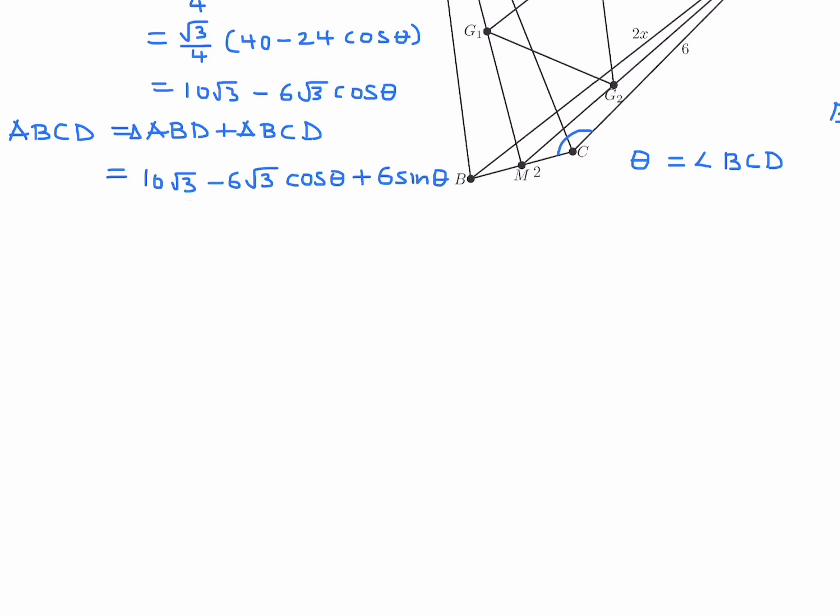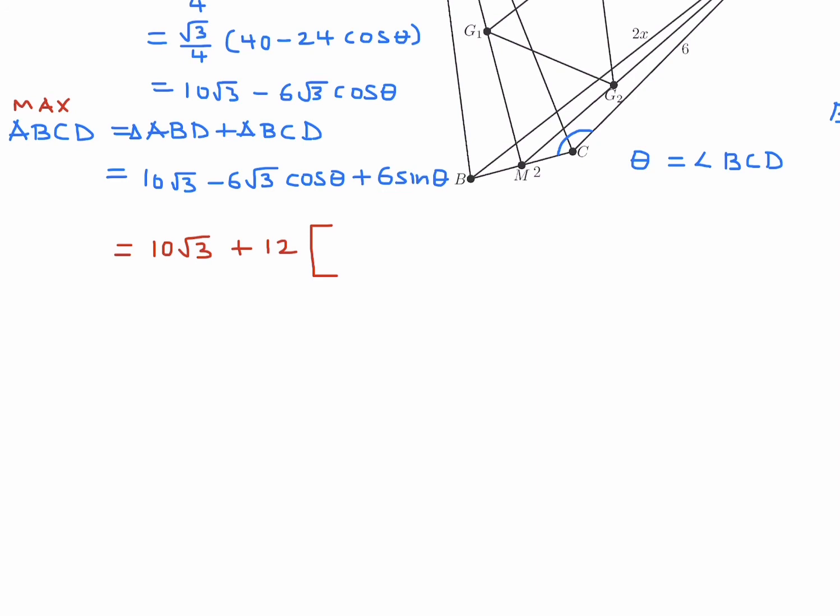And what I'm really trying to figure out is the max value of this. So let's see what I get when I kind of play around with these numbers here. And this is where it's not necessarily a trick. It's just more of an identification of a trig identity. And the first thing I'm going to do is sort of make it into a trig identity. So if I factor out a 12, something very cool happens.